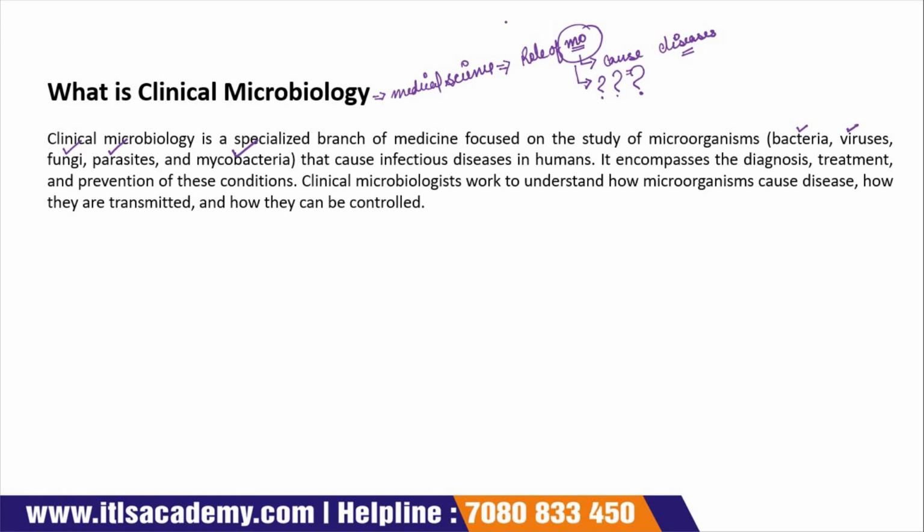The role of microbiologists is to understand the mechanism, the mode of working of microorganisms to cause a particular disease, how it is transmitted, and how we control it. This is the role of a clinical microbiologist.